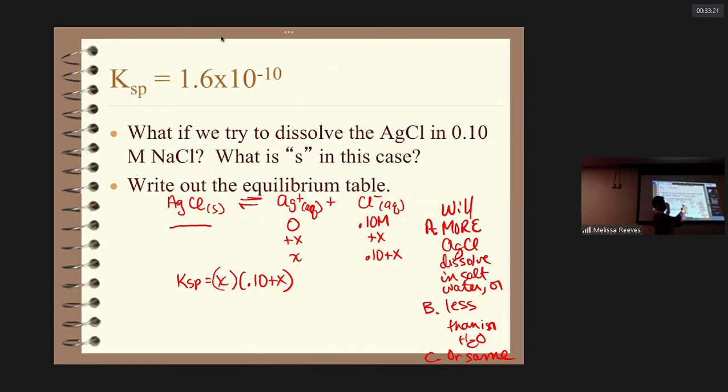Less. It's less. These Le Chatelier's problems, they always work in the same way, but you gotta think through the process to get to the end of it. So the answer is less. Less will dissolve.